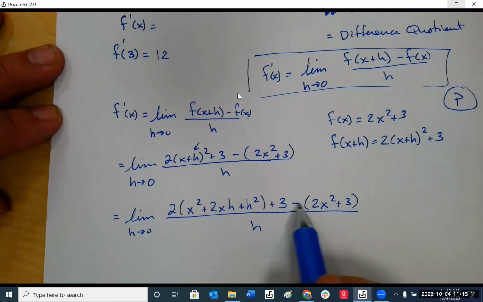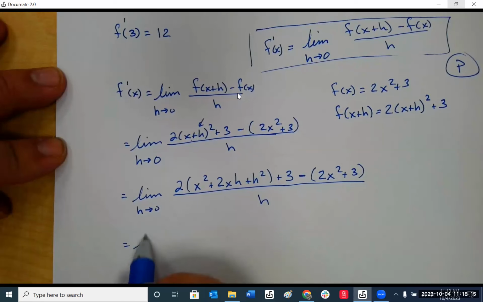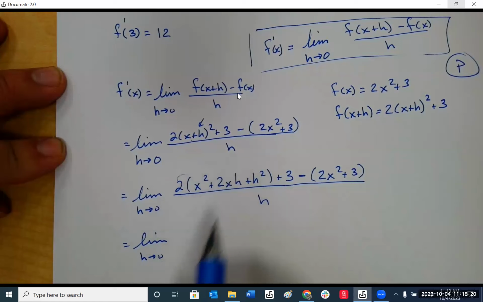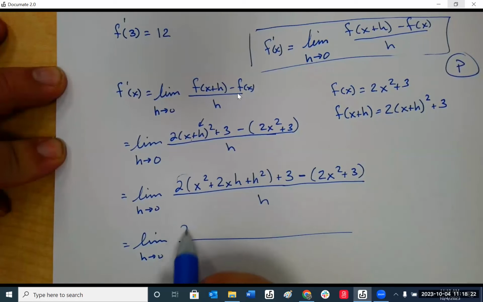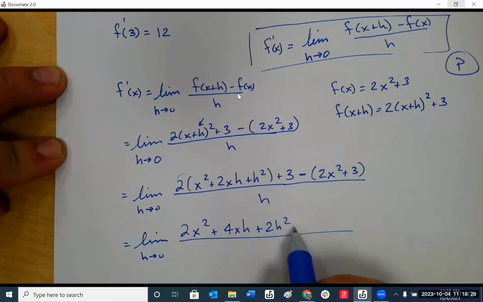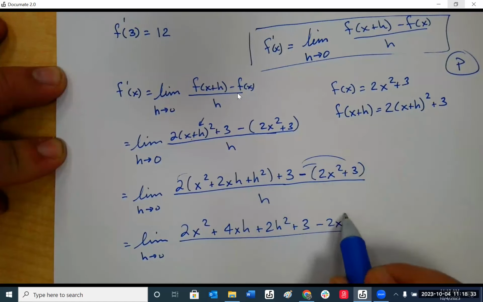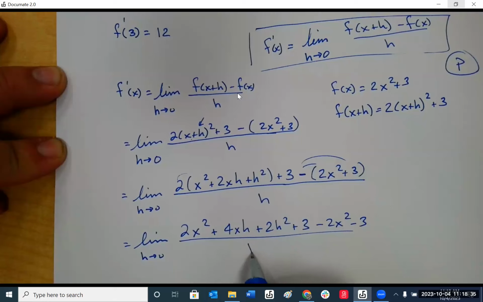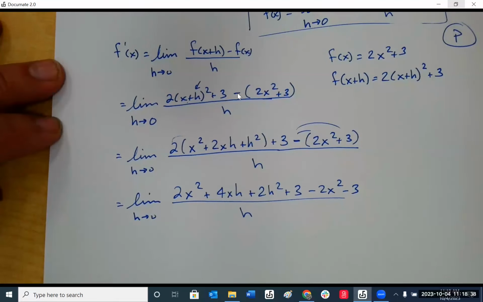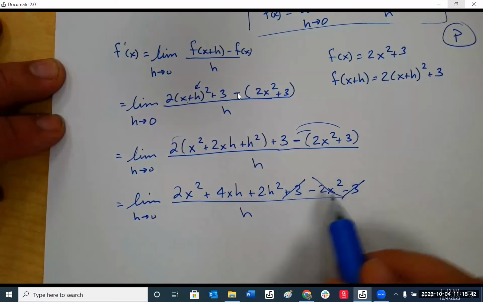Remember, everything after the minus is supposed to cancel out. So let's distribute and get rid of the parentheses. We got 2x squared, 4xh, 2h squared plus 3. Now distribute the negative sign: negative 2x squared minus 3. Cancel what we can.